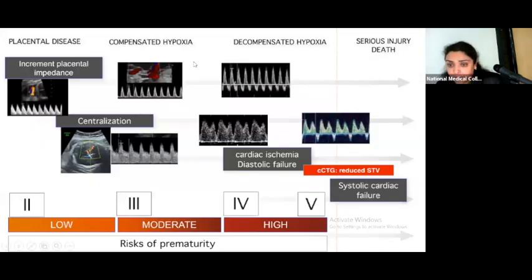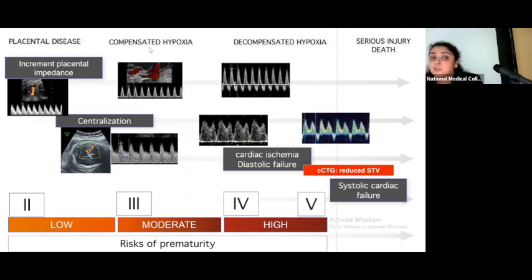So if we look here, this is the crux of the whole presentation of FGR. Once there is fetal growth restriction because of uteroplacental insufficiency, there is this placental disease that is occurring continuously. From the placental disease, once 60% of the placenta is obliterated, what we see is increased resistance in the umbilical arteries.